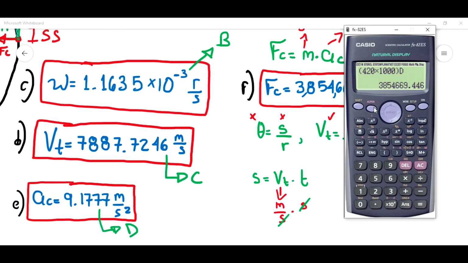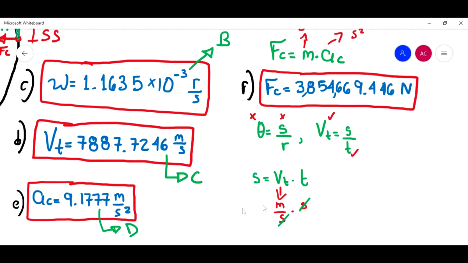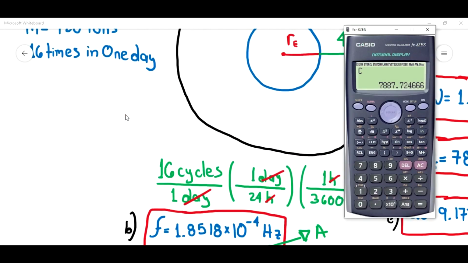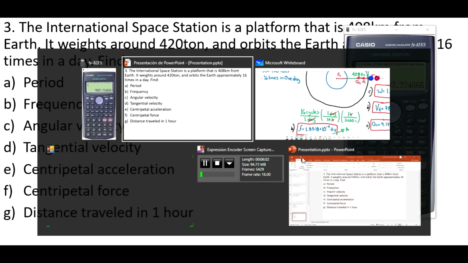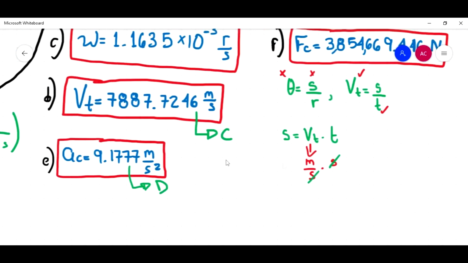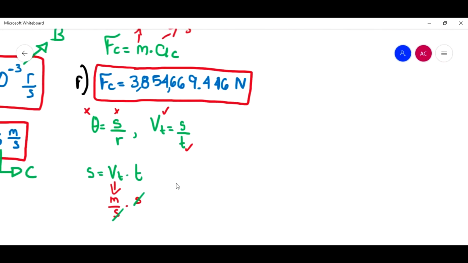Okay, so tangential velocity is a value that I just saved in my memory C, and that multiplies the time. How much is the time? It is 1 hour. So remember that I need to transform that hour into seconds. Okay, and 1 hour in seconds is 3,600.